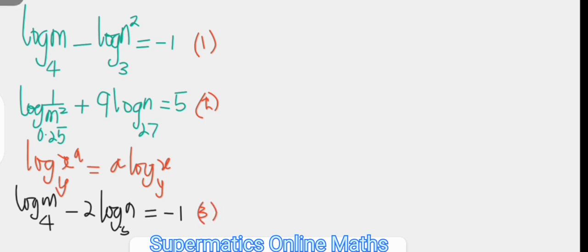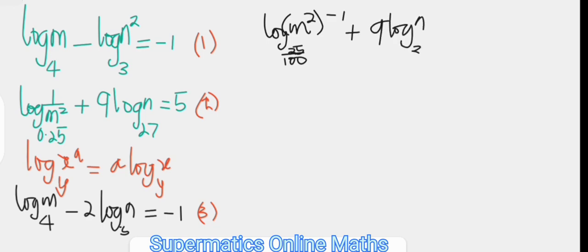Then equation 4, we are going to simplify in a series of steps where we first write log m squared to minus 1, then base 25 over 100 for 0.25, plus 9 log n to base 3 raised to power 3 for 27 equals 5.